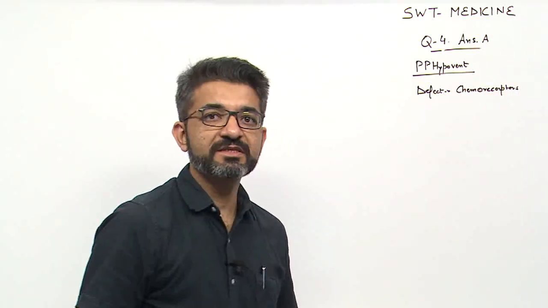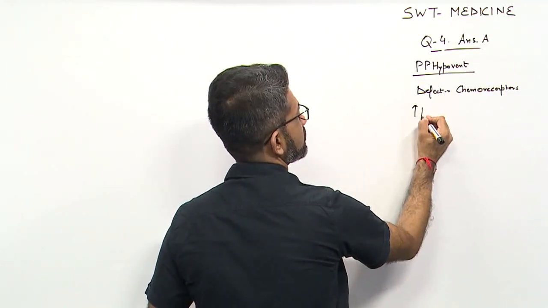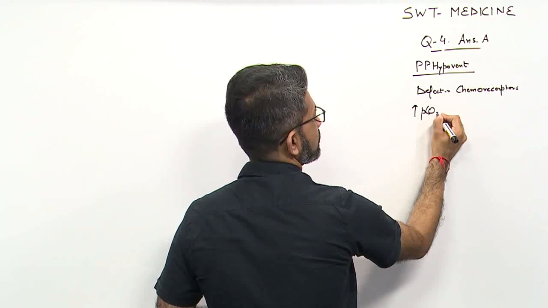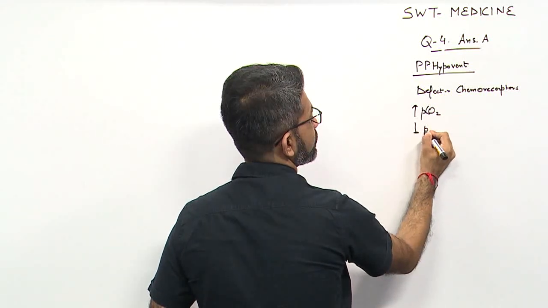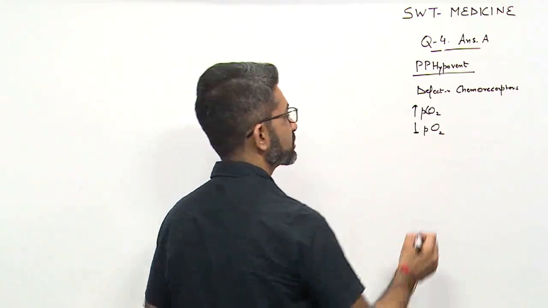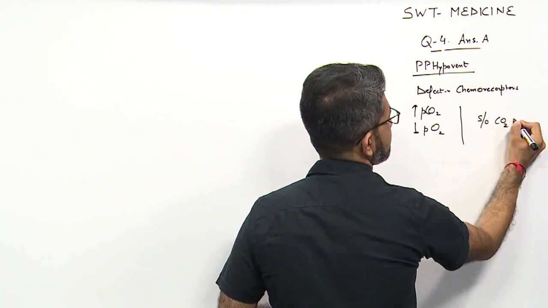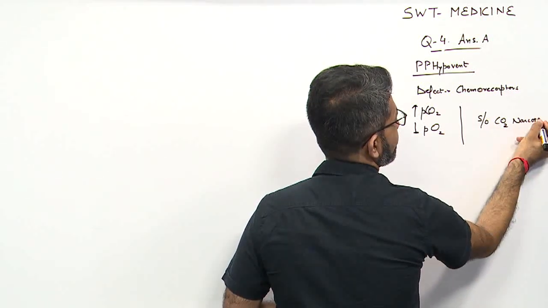So, there is persistent raise in PCO2 and fall in PO2. So, all the signs of CO2 narcosis will be present.